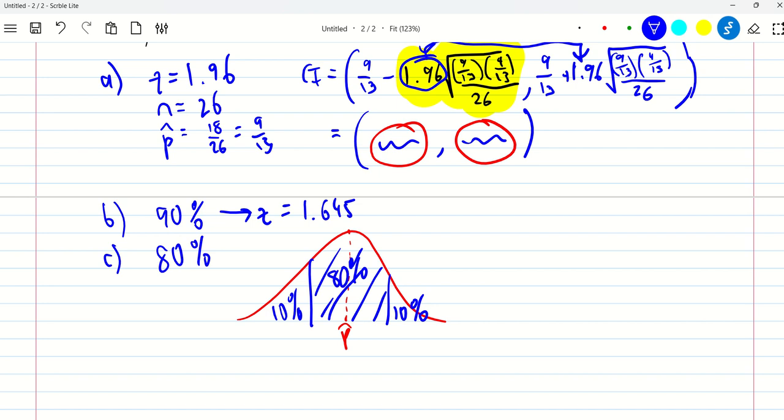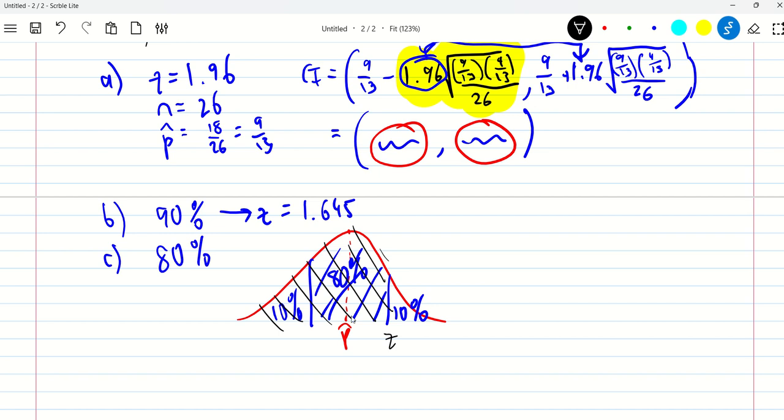And so what the Z score will be, if we're trying to think what our Z score is there, then all that area below that Z score will be 90%.